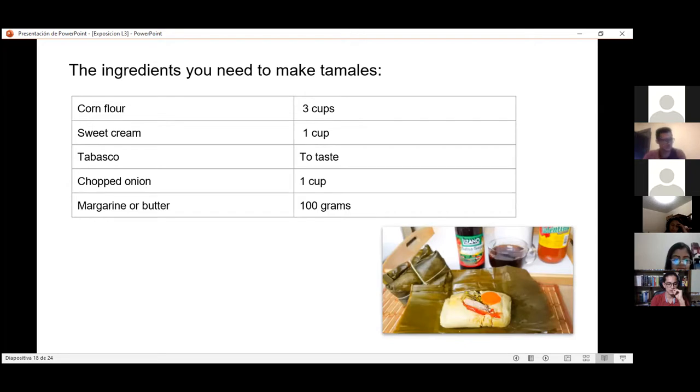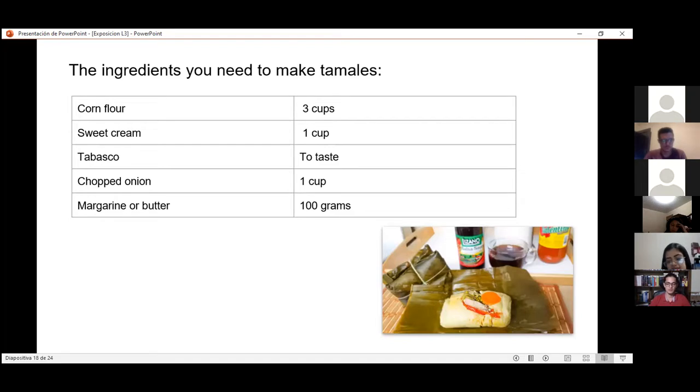There are many differences from one country to another. It's a homemade dish and is not usually found on restaurant menus except a typical restaurant. And in Costa Rica, it is an excellent Christmas dish.